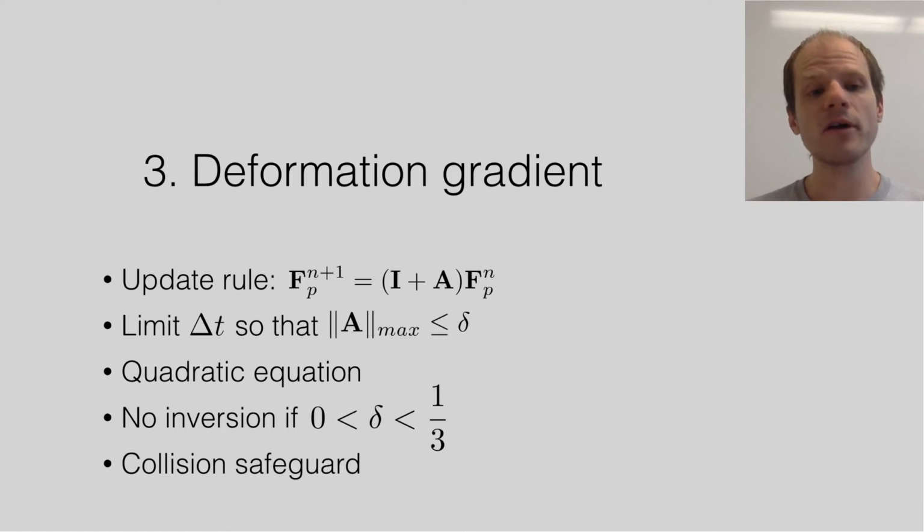And as before, as long as the dt already satisfies it, we can avoid solving the quadratic equation. This avoids nearly all of the square roots in practice. This restriction has the added benefit that if delta is chosen less than 1/3, then it guarantees no inversion. That is to say, the determinant of F is guaranteed to stay positive.